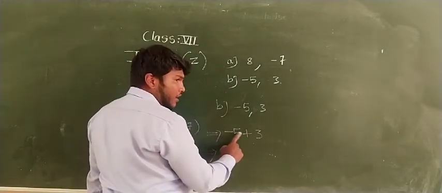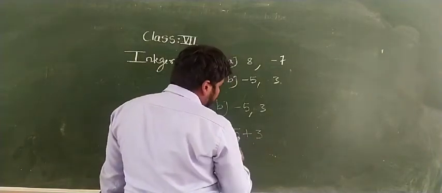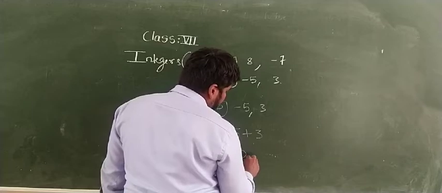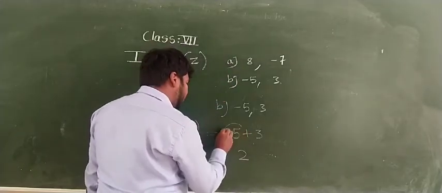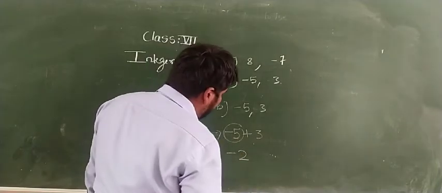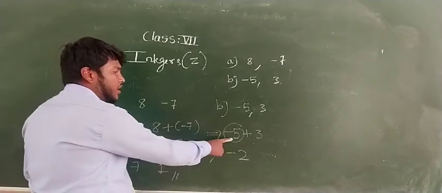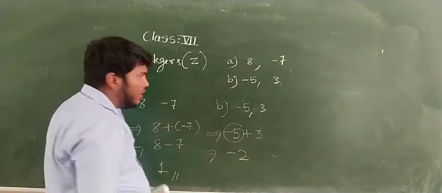Whenever we have minus and plus, we have to do subtraction. So 5 minus 3 is 2. The greater number's sign is the minus sign, so we keep the minus sign. So this is -2. This is the third rule: by seeing the greater number's sign, we keep that sign.